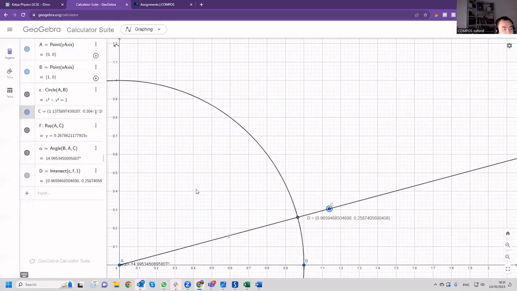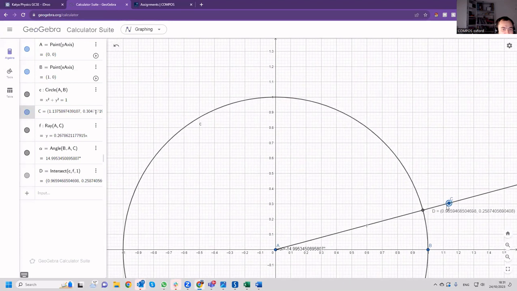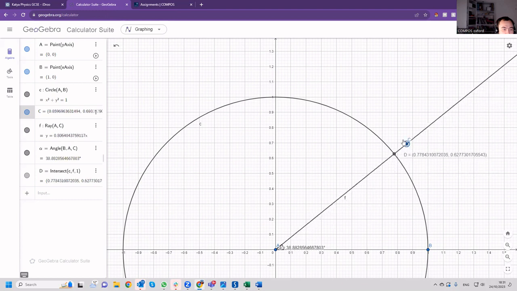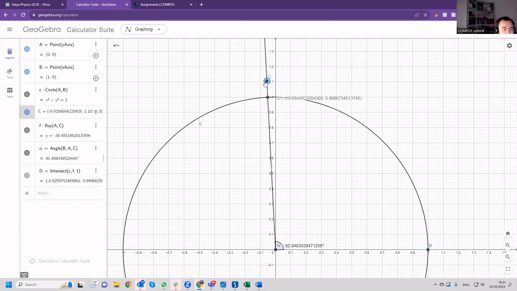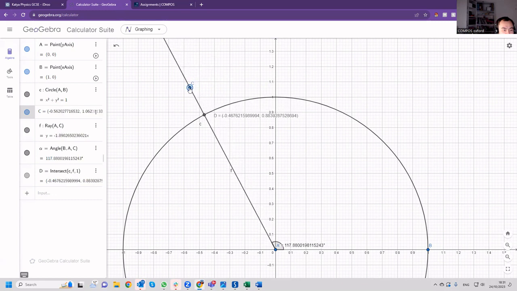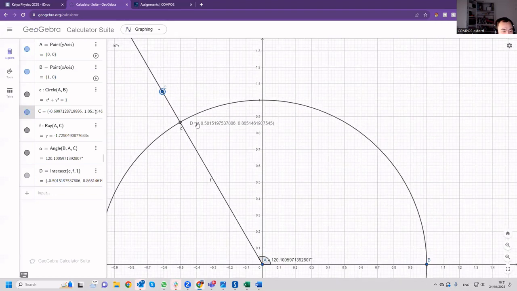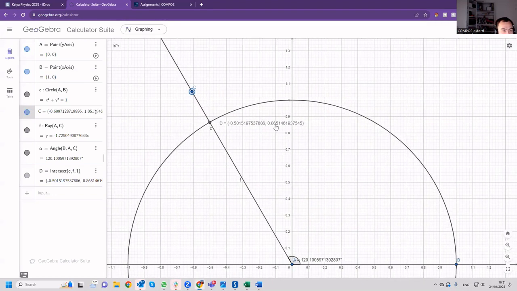So basically, what if we took this and increased the angle to, I don't know, 120 degrees, or as close to 120 as we can get. You can see that D has a negative x coordinate. It's negative 0.5. And this is plus.